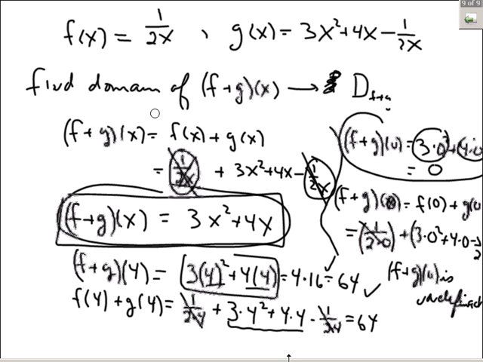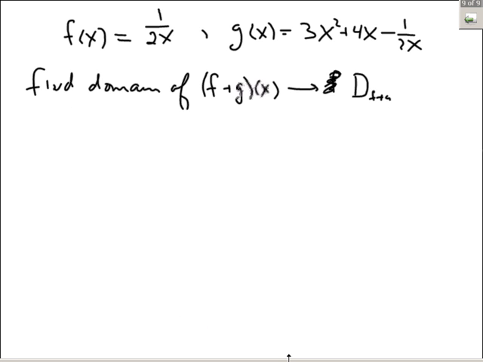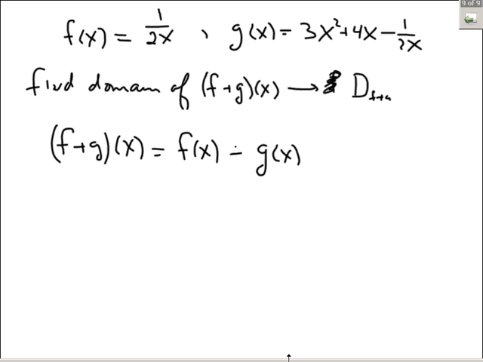That is, if somebody asks you for the domain, you do not combine the functions and simplify. To compute f plus g of x, we must calculate f of x, and then we must calculate g of x, and then add them.